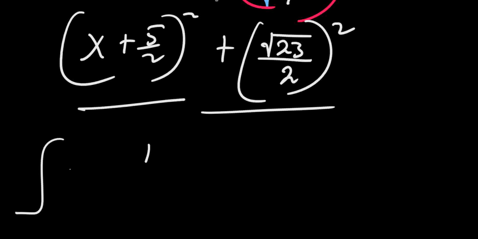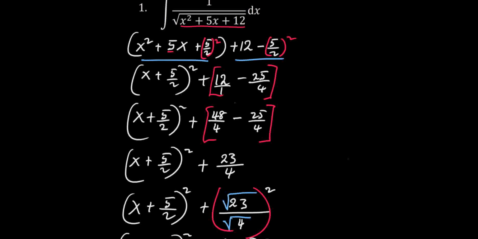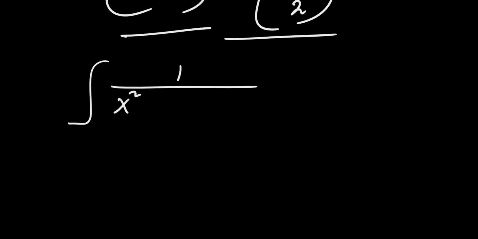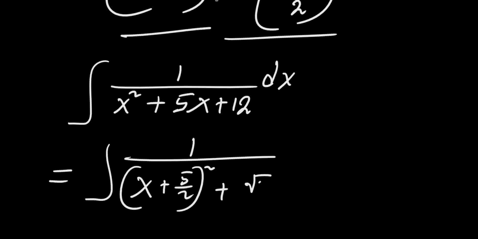So the integral of 1 over the square root of x squared plus 5x plus 12, dx, is equal to the integral of 1 over the square root of (x plus 5 over 2) squared plus (the square root of 13 over 2) squared, dx.